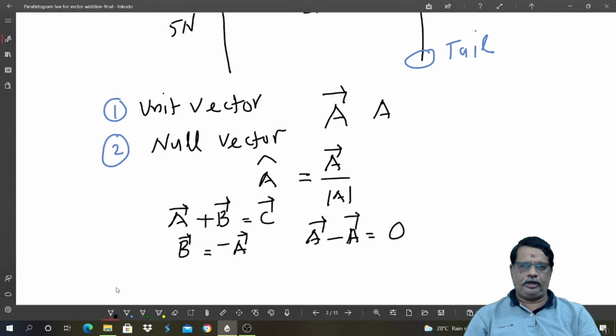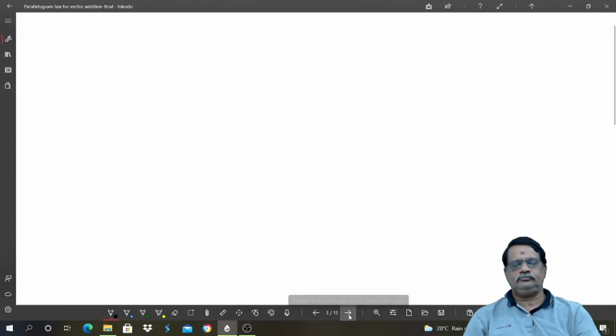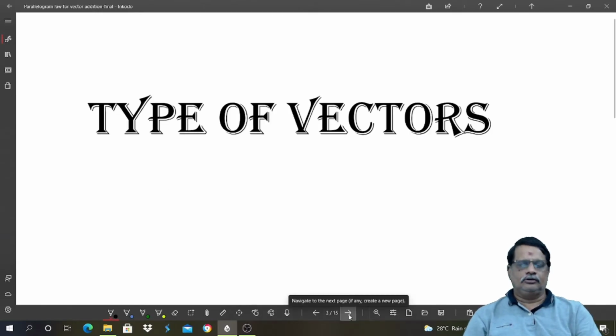Okay, so now let us proceed to discuss the addition of vectors, how the two vectors can be added. And for that we have already discussed the types of vectors, so I will write them here.